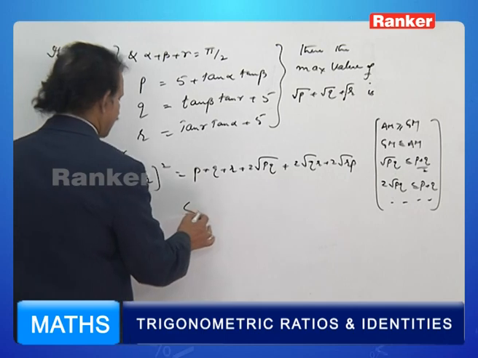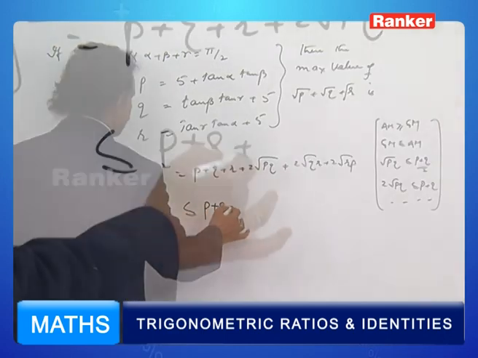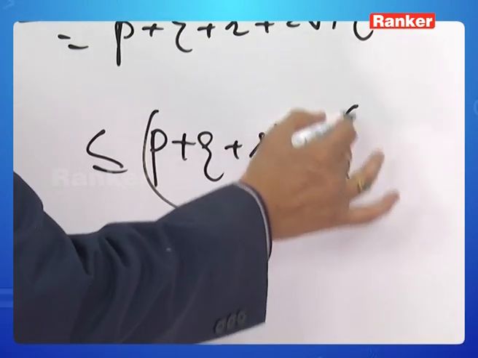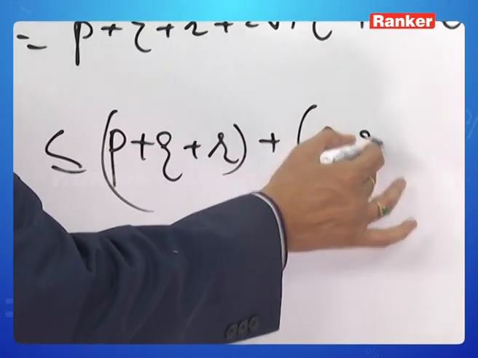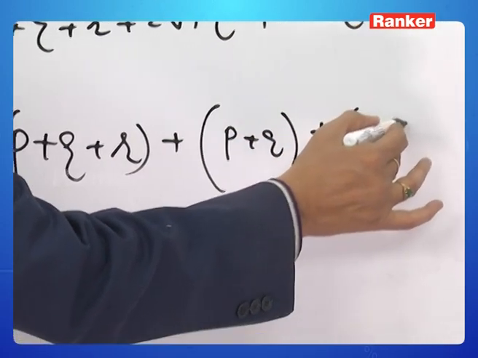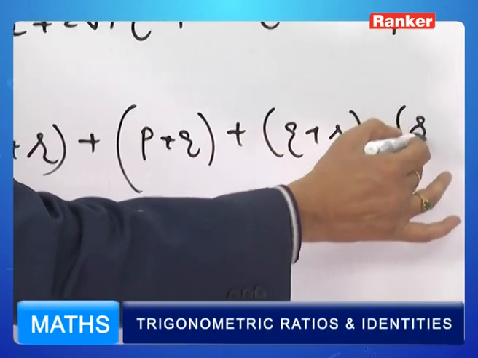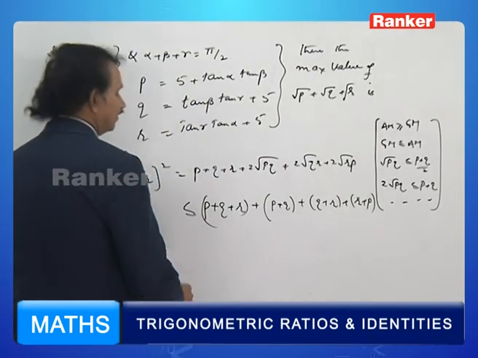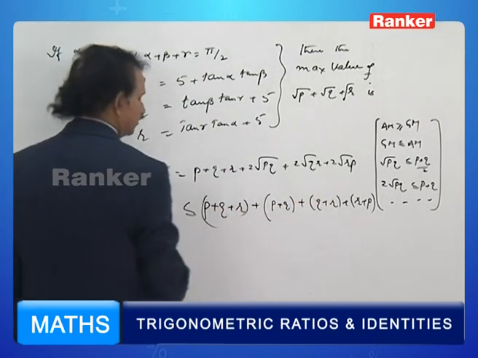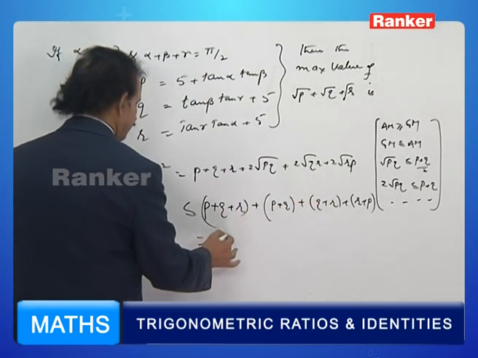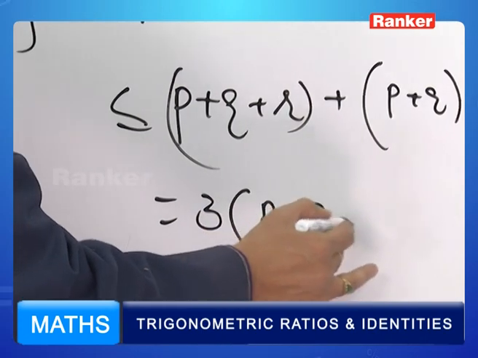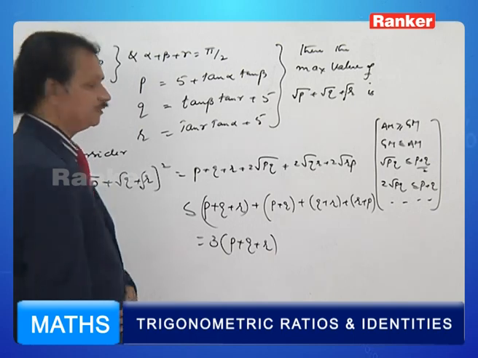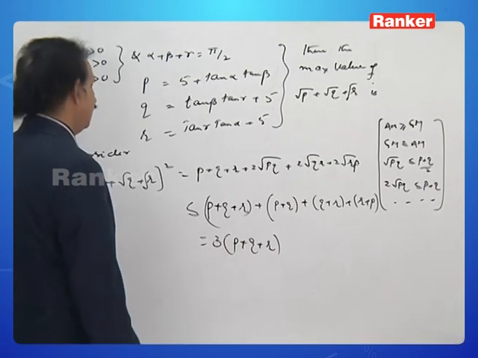So this is less than or equal to P plus Q plus R plus P plus Q plus Q plus R plus R plus P. Altogether, this is 3P, 3Q, 3R, that is, 3 into P plus Q plus R. Well done.